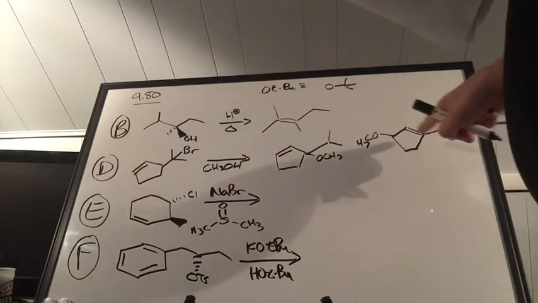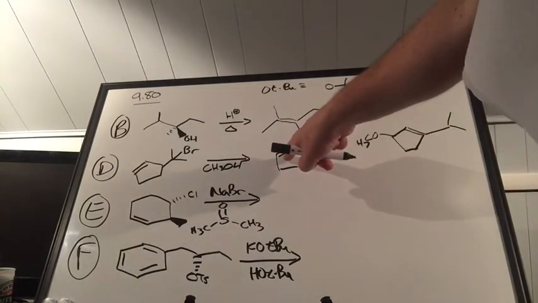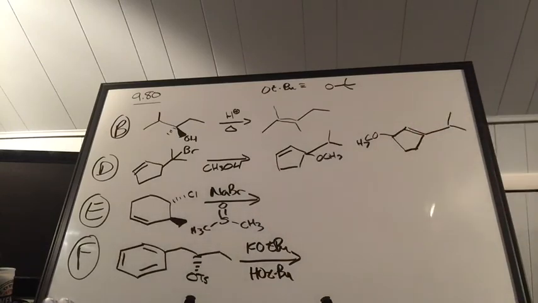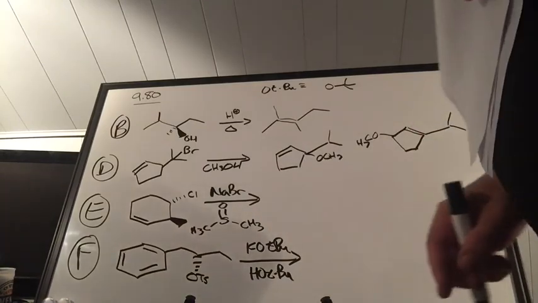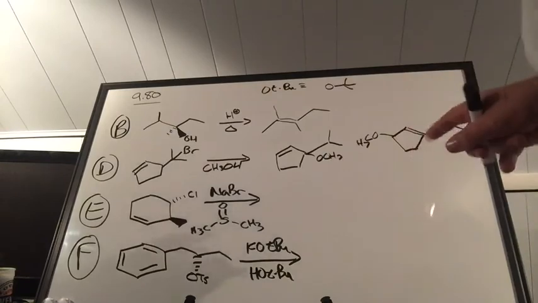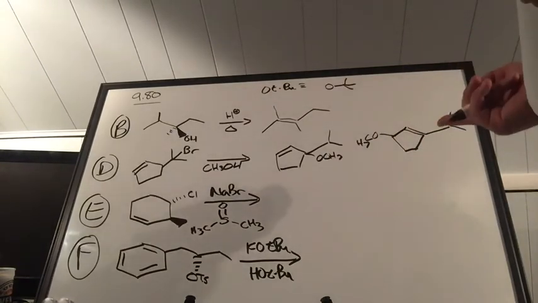Now, notice how this is a cis alkene. This is a tri-substituted alkene. So that should give you a little bit of an indication on what's going to be more thermodynamically stable.